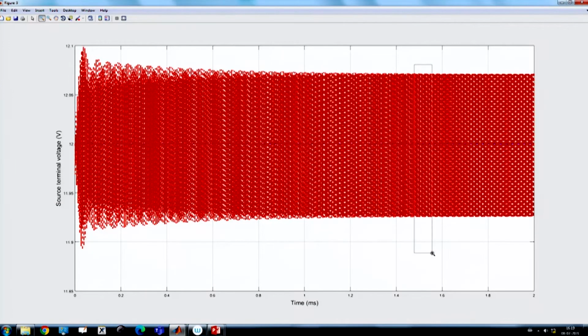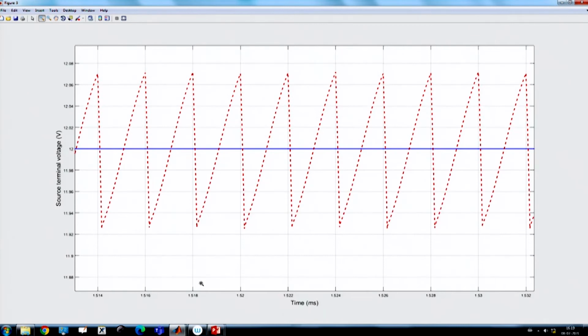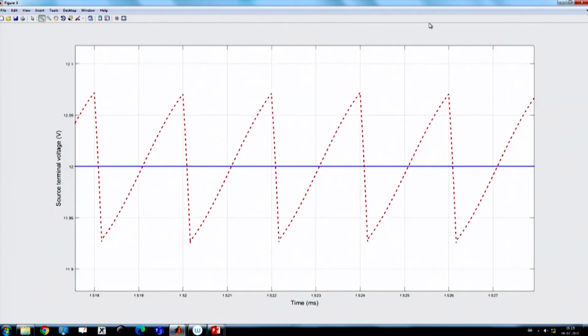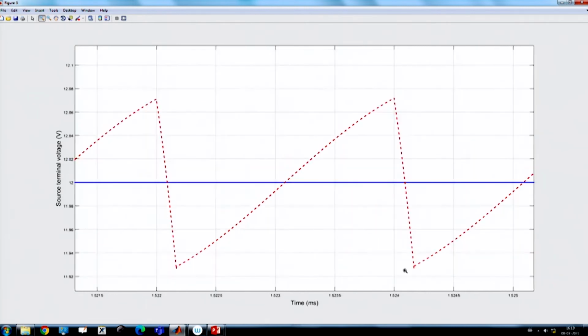So, if you see here, if you zoom it, in a practical voltage source, you see, there is a transient effect, because we are putting transient effect. Here 12 volt was the one when the ideal voltage source was connected to the DC-DC converter.